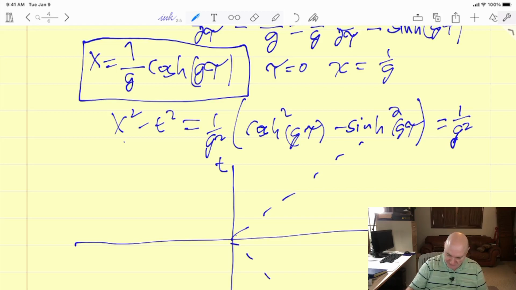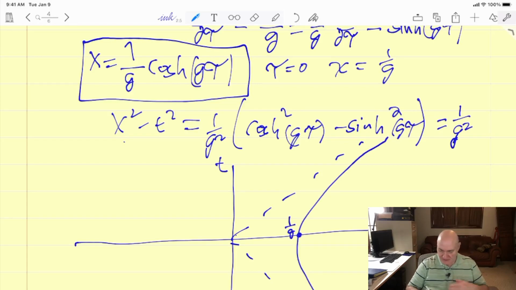And this is the hyperbola. Over here, this point is x equal 1 over g. And although we said it started at tau equals 0, we could extend it, and it goes off.